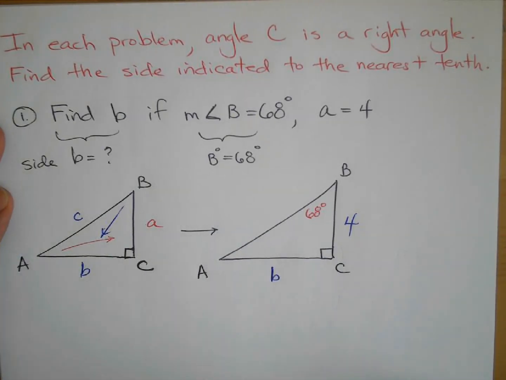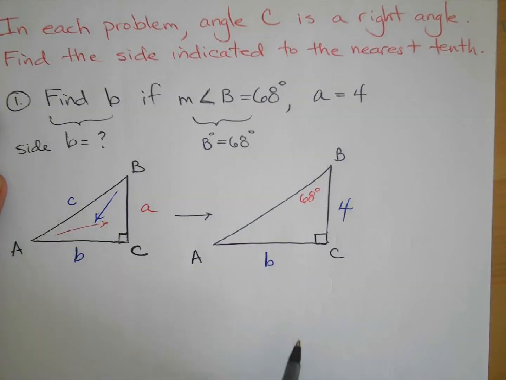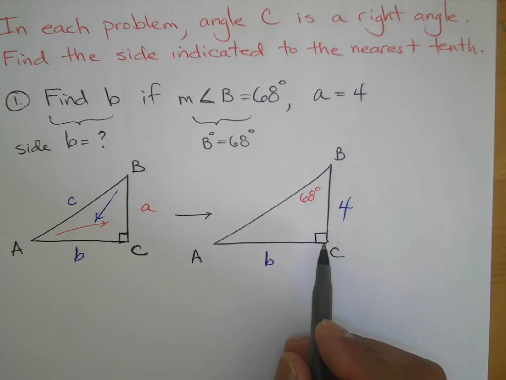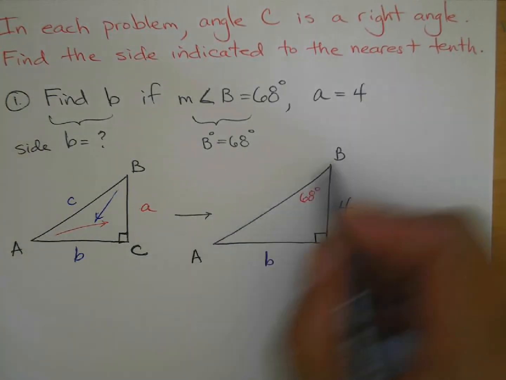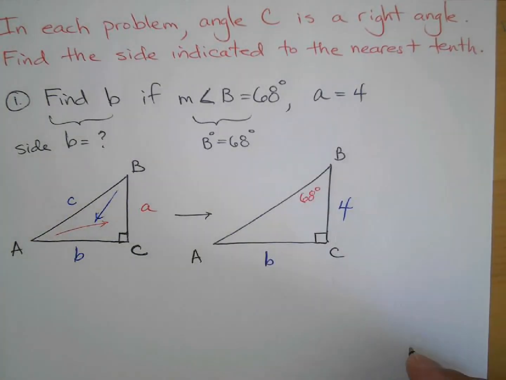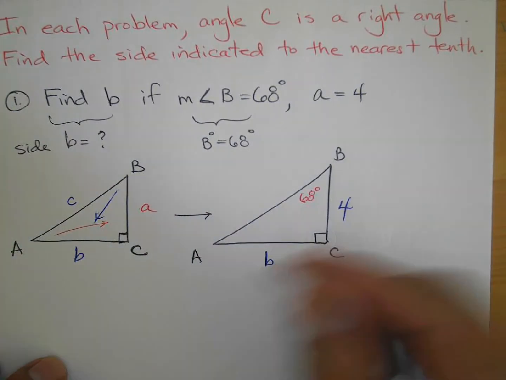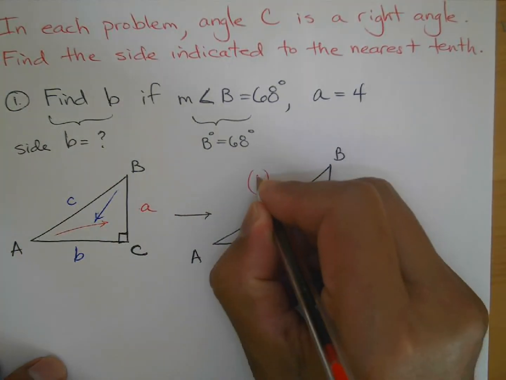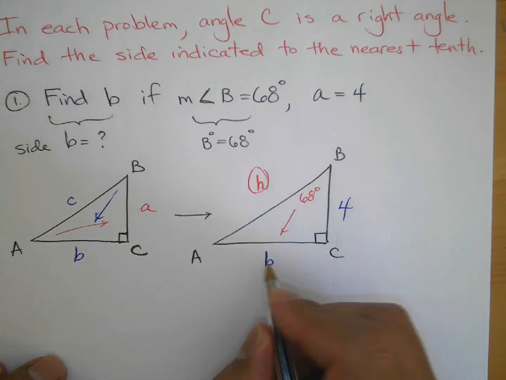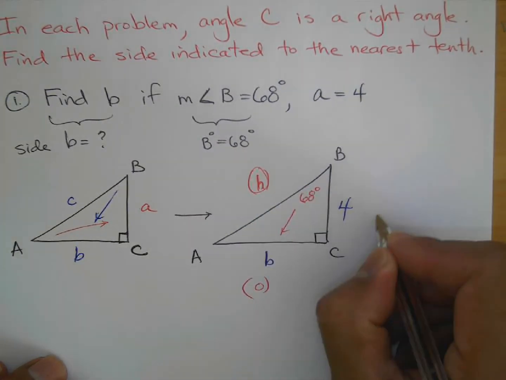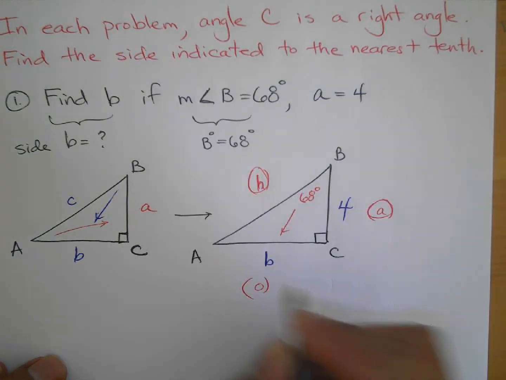Okay, so from here we begin to find the value of side B. How do we start? We label the sides. This is the hypotenuse side, and we're not using the hypotenuse. We're using the opposite side and the adjacent side.